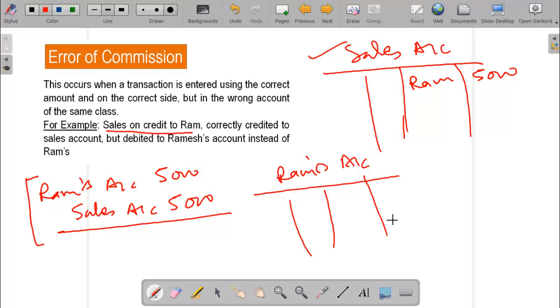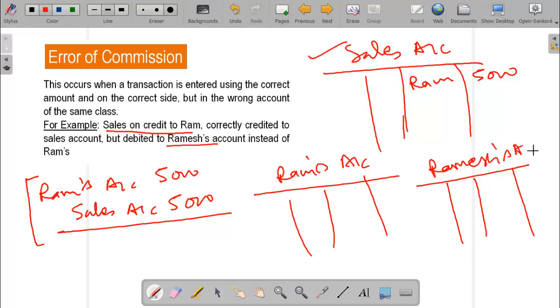But what I did, instead of making posting in Ram's account, I made the posting in the Ramesh account. As per the entry Ram's account is debited, so I should make posting in Ram's account.